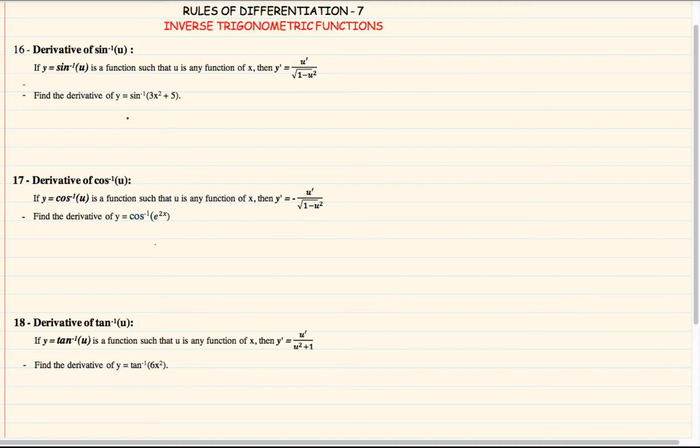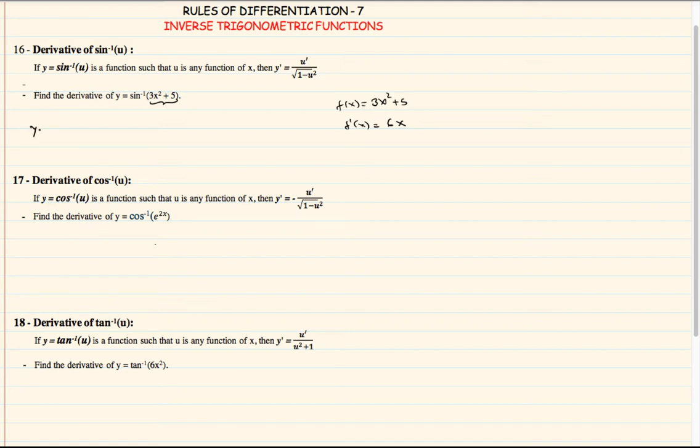So if you take this example, y is equal to sine inverse of 3x squared plus 5. 3x squared plus 5 is actually our argument. You can just write it here, 3x squared plus 5. We can just call this f of x. So the derivative of this argument is 6x as the rule of the power, and derivative of a constant is 0, so we just write 6x.